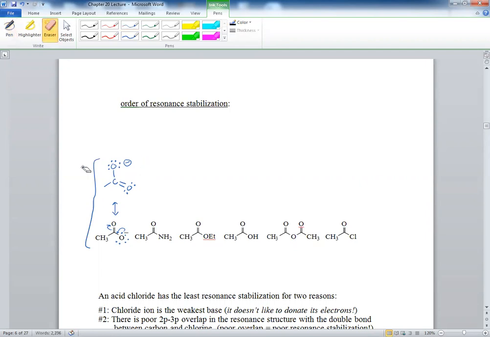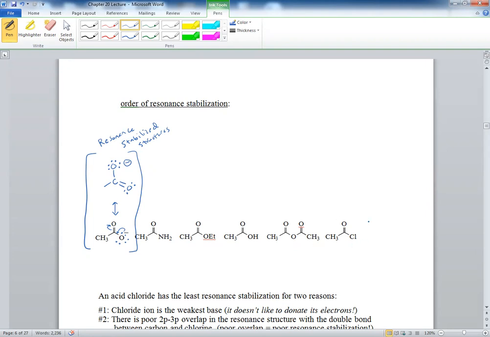If you notice, you have two equivalent resonance stabilized structures. So basically, it's not as electrophilic as you would expect it to be.